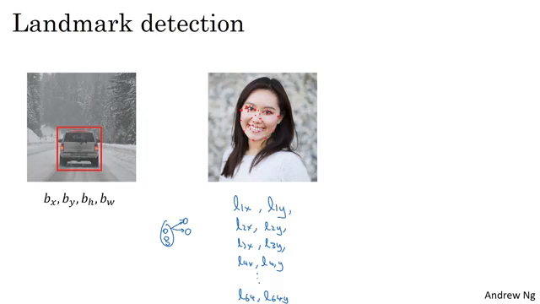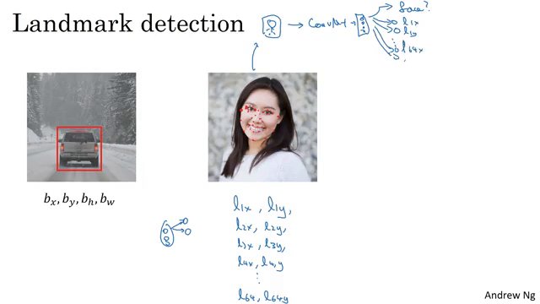But by selecting a number of landmarks and generating a labeled training set that contains all of these landmarks, you can then have the neural network tell you where all the key landmarks on a face are. So you'd have this image, a person's face, as input, have it go through a ConvNet, and have the ConvNet output 0 or 1, like is there a face in this or not, and then have it also output L1x, L1y, and so on, down to L64x, L64y.